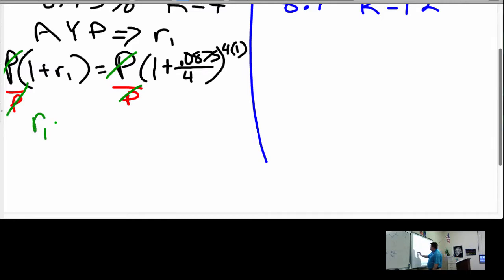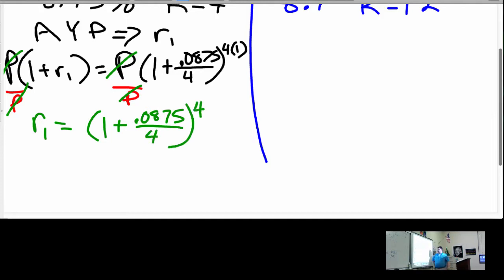In other words, R sub 1 is equal to the quantity 1 plus 0.0875 all over 4 raised to the 4, minus 1, right? Because I got to subtract the 1 from over there. You guys see what I did, or do I need to write out each little step? Does that make sense? Okay.